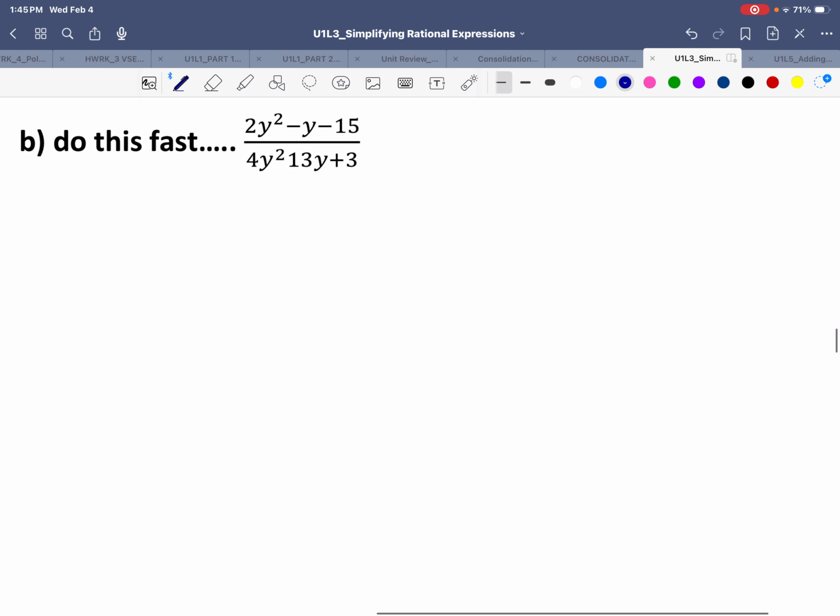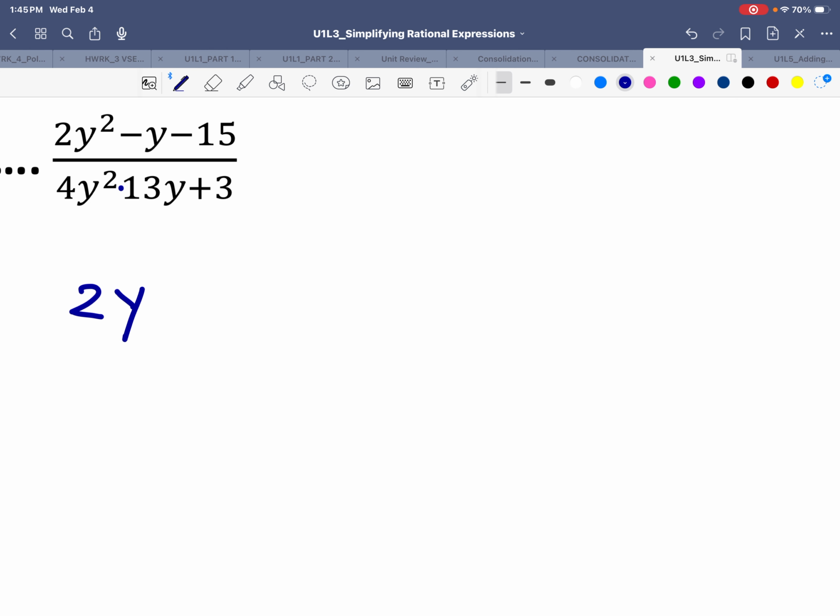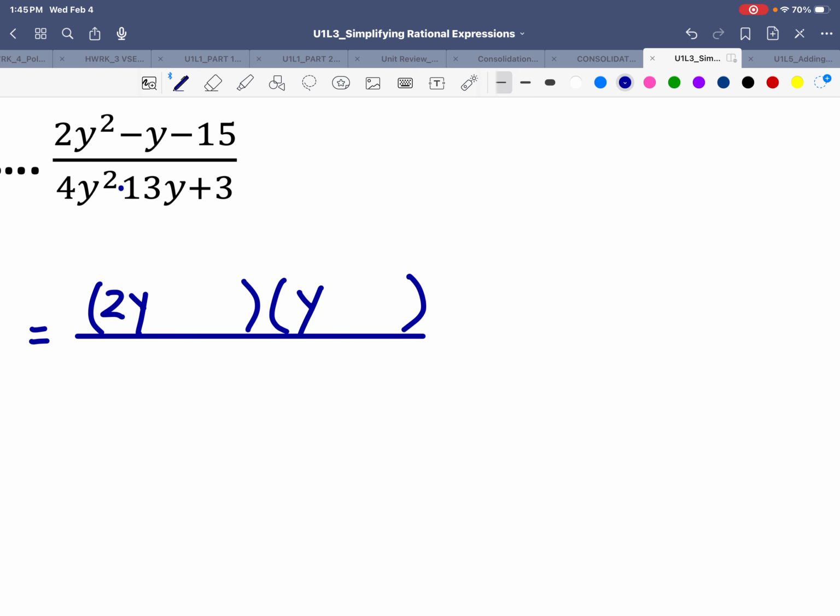Now, you can do this as well. You can try this on your own. I think I've missed something in here, so a sign. And we are going to work on it together. So what you see here is a trinomial in the numerator. So 2y and y. So we need the product to be negative 15, but we need the sum to be negative 1 in here.